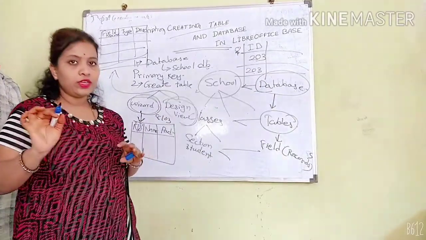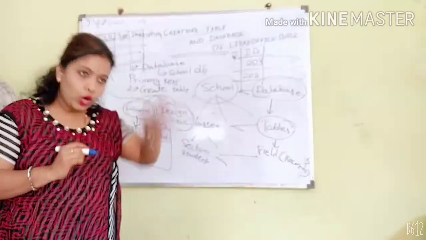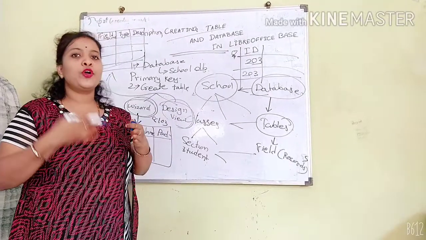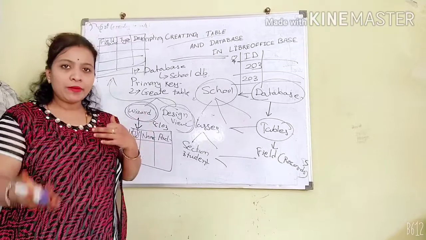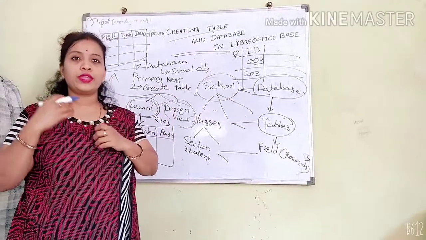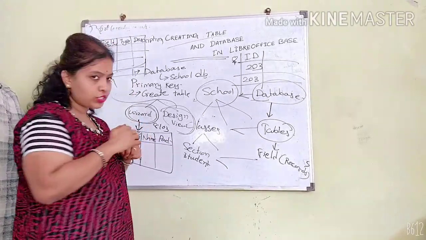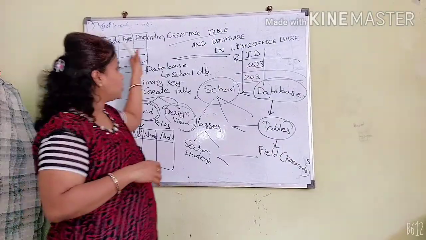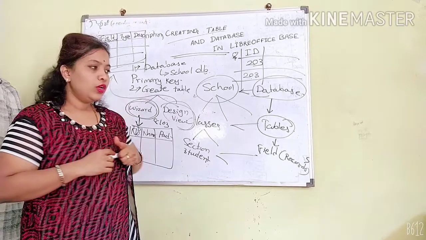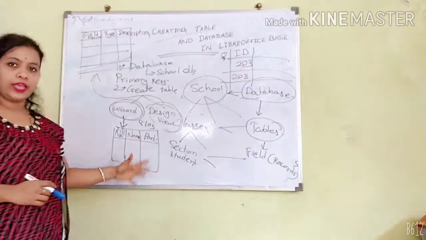It is a unique roll number, so I can make the roll number column a primary key. In the same way, your Aadhaar card number, your admission number, your IDs, all of these we can make a primary key. This is mainly used in a relational database management system. Its main use is to make a relation between two tables. Clear?